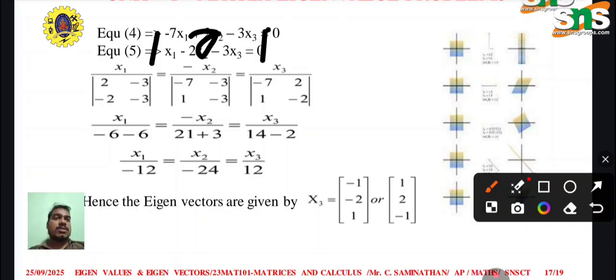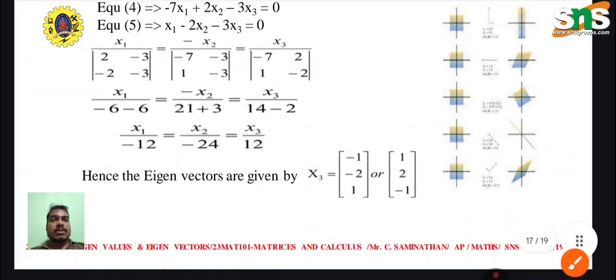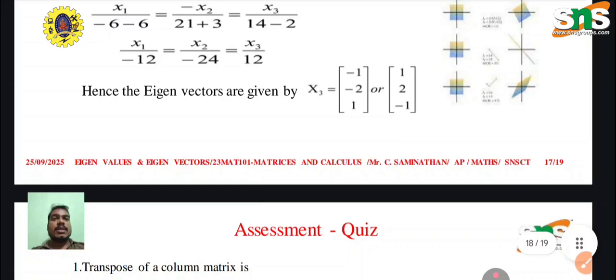Next, for x2, we hide the x2 column and take the determinant of the other coefficients. So we get x1, x2, x3, which is eigenvector 3.